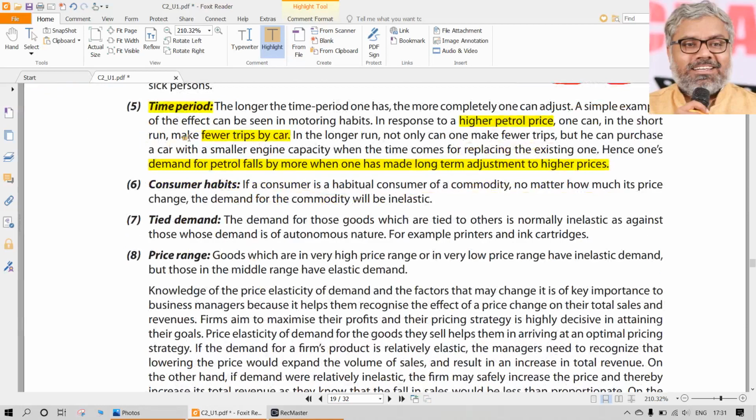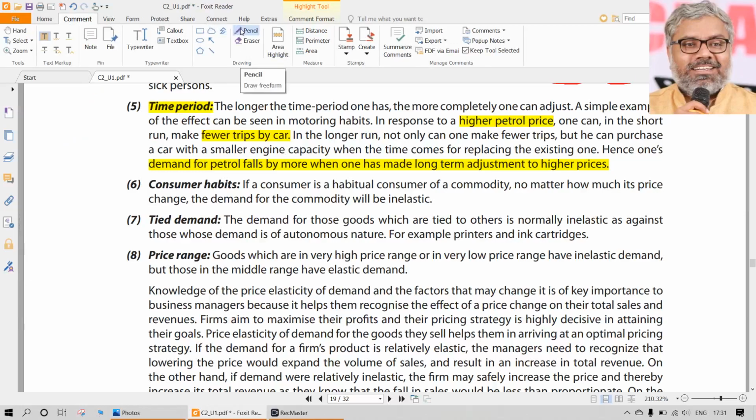Or otherwise you can say, nowadays, of course, there is not much difference between petrol and diesel. Both have more or less similar prices. But imagine, just as an example, let us say the petrol price is very low and the diesel price is high, going backwards 30 years. Now let us say there is a change in the policy of the government, and the diesel prices are very low in future, and petrol prices are going to be very high.